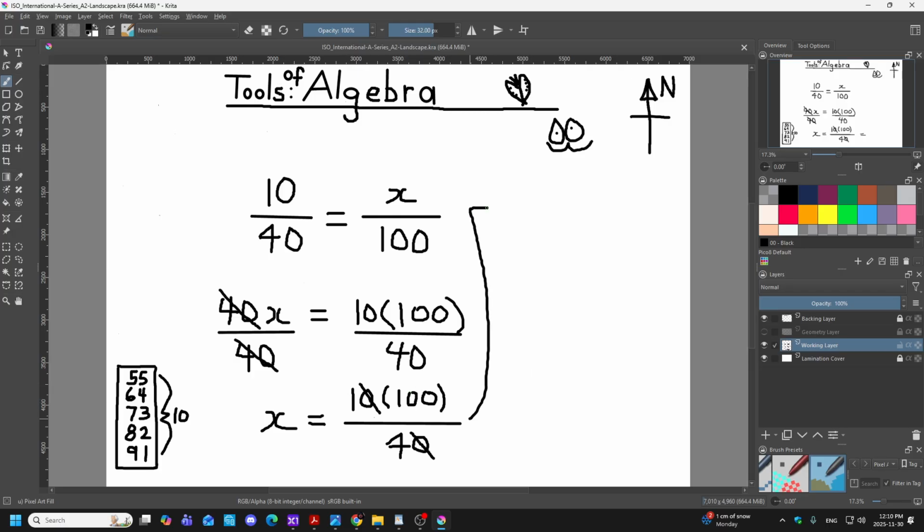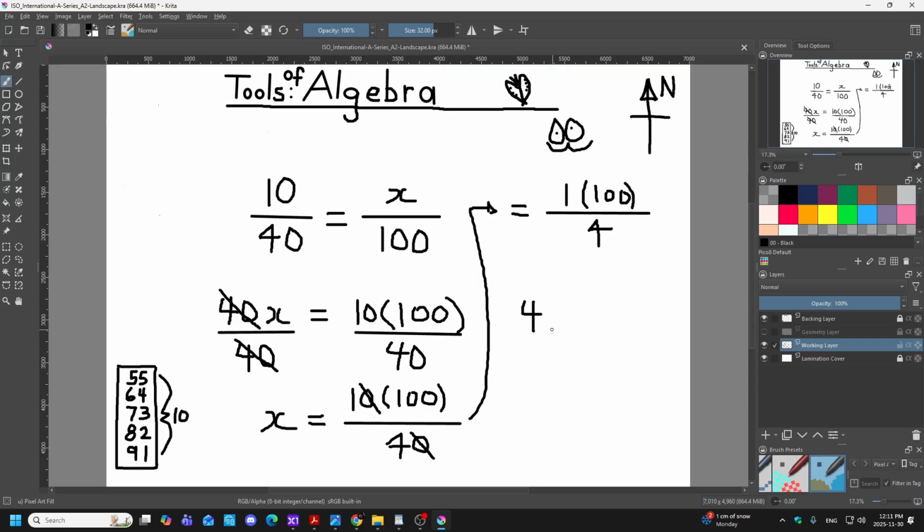I'm going to bring it all up here. We're left with 1 times 100, all divided by 4. Okay, this is x, right? So x is going to equal 100 divided by 4.